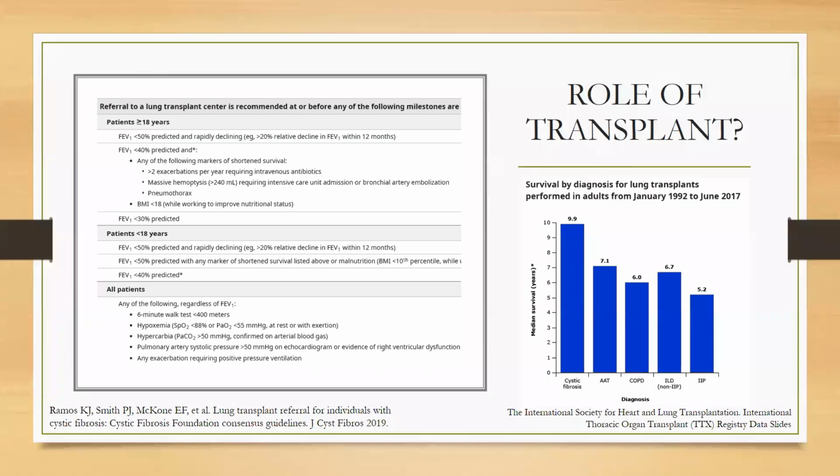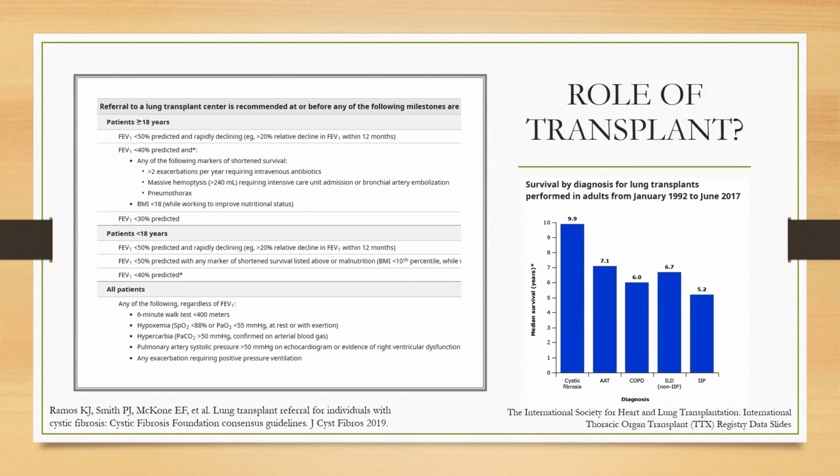And the last question here, which is the last slide, is what is the role of transplant in these patients? This table on the left was compiled from the International Society of Heart and Lung Transplantation. These are the guidelines put forth by many of the CF institutions, and this is who we should be referring if we're seeing them outside of a CF center, which I don't think we really would be, but just in case.